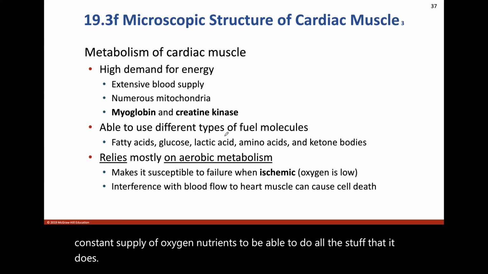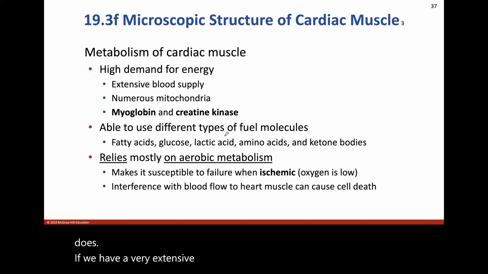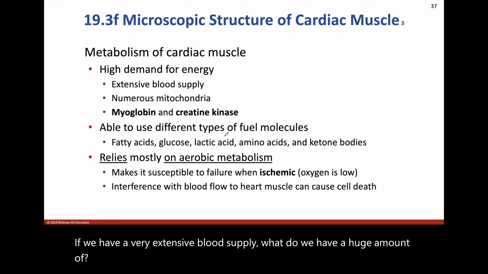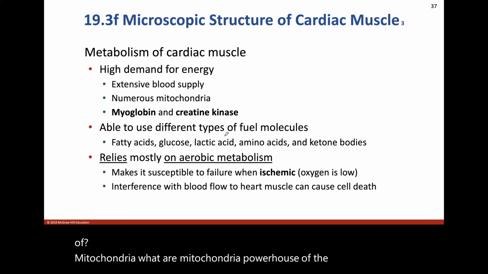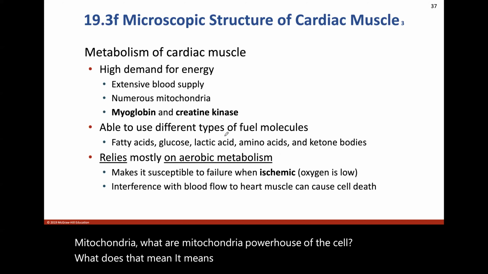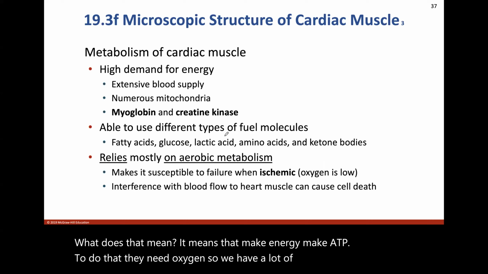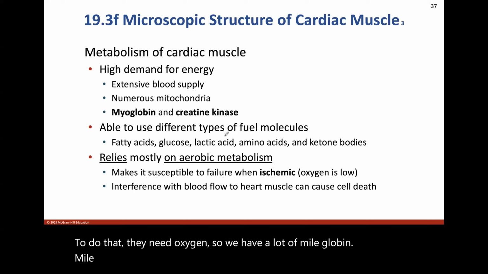If we have a very extensive blood supply, what do we have a huge amount of? Mitochondria. What are mitochondria? Powerhouse of the cell. What does that mean? It means they make energy, make ATP. To do that, they need oxygen. So we have a lot of myoglobin. Myoglobin holds on to the oxygen inside that muscle.